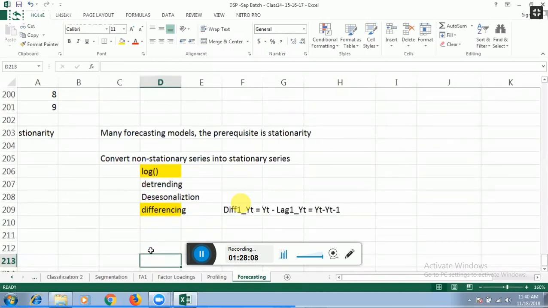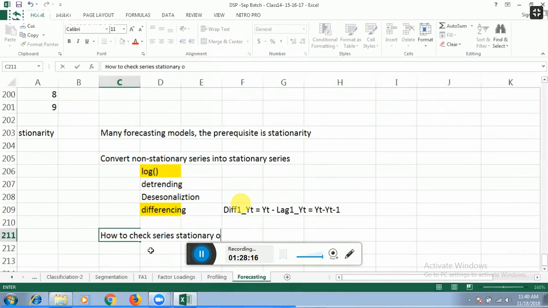So are you clear now? Okay, so how do we check whether a series is stationary or not? You remember, how did we check whether a particular variable is following a normal distribution or not? By looking at the graph, the histogram, and also by doing some kind of test. Of course, we did not do the test, but that is one approach. Here also, we can use a graph to identify whether the series is stationary or not.